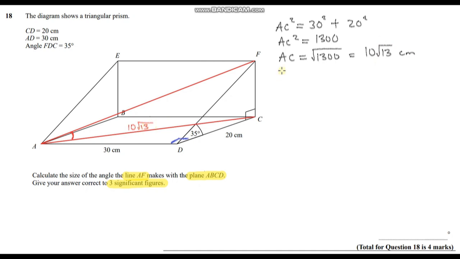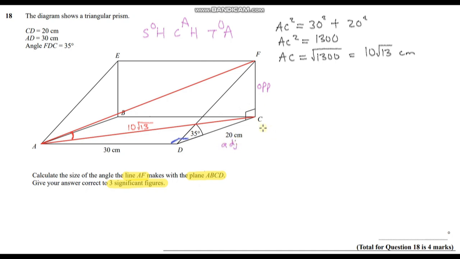What else can we calculate? We can also calculate FC, because notice we focus on this triangle over here, FDC. We've got this angle here, and we've also got this length. So now we can use SOHCAHTOA to calculate FC. So let's just write down SOHCAHTOA. So from the perspective of our 35-degree angle, well, this is going to be the opposite side length, and this is going to be the adjacent side length.